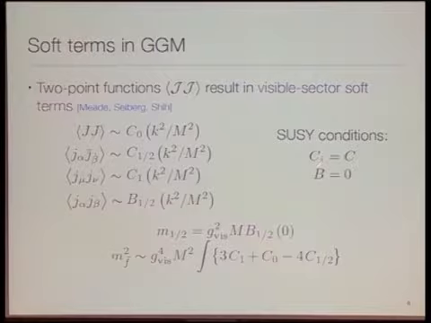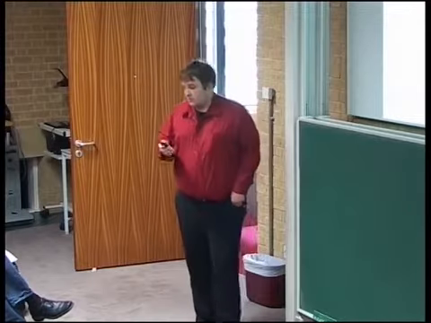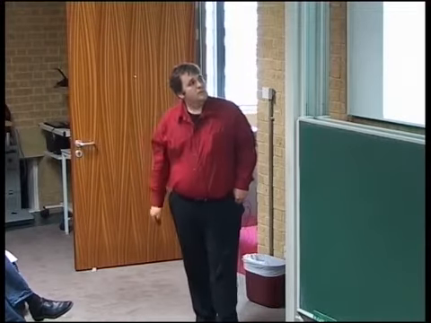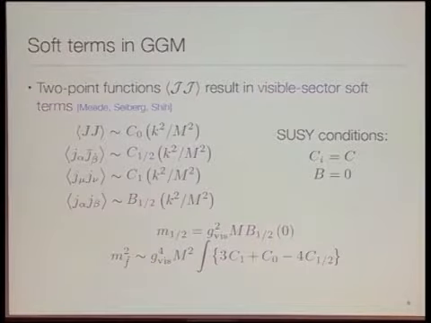One way to see this is that the visible sector gaugino mass is proportional to B^(1/2) evaluated at 0 momentum. And the fermion masses go as an integration over all of these functions. These factors of 3 and 4 just arise from the numbers of degrees of freedom in the vector and spinor components. Okay, so this is the framework of general gauge mediation.